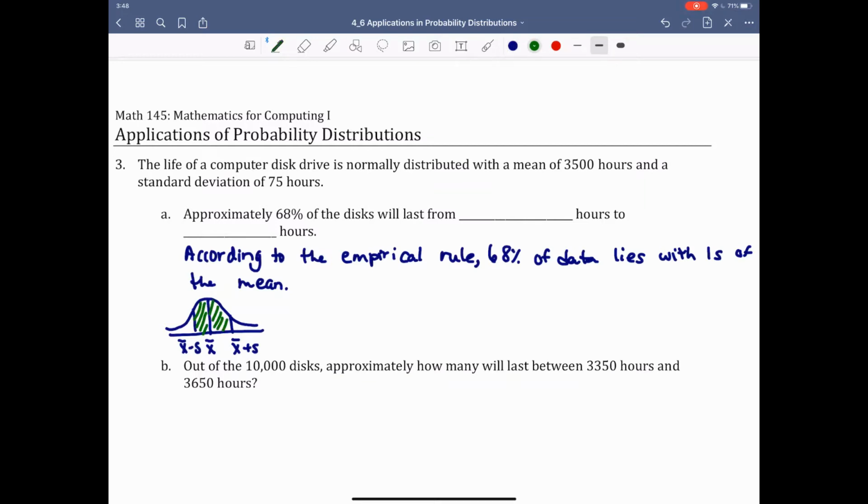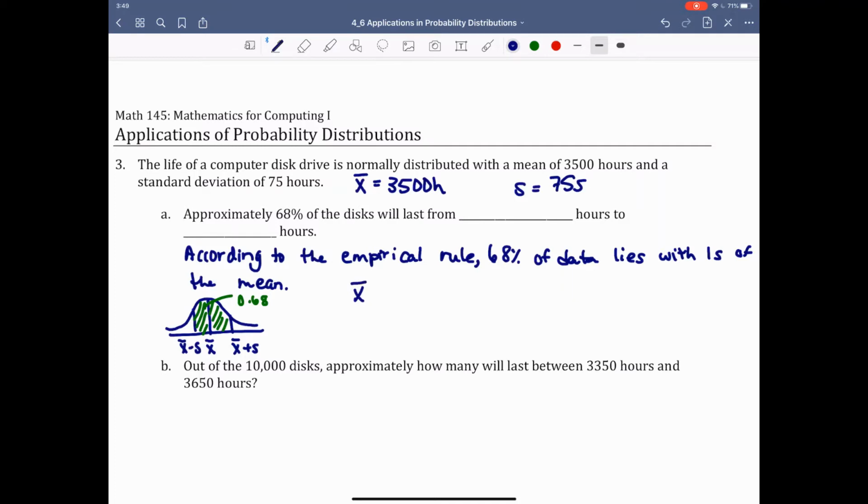So that's 68% in this whole green area. What we want to know is the values for 1 standard deviation from the mean. We know that x bar is equal to 3,500 hours and the standard deviation s is 75 hours.